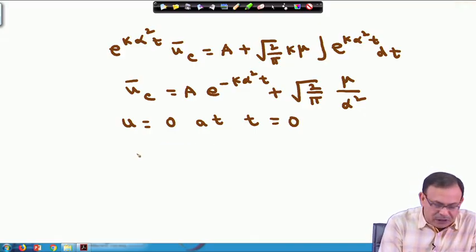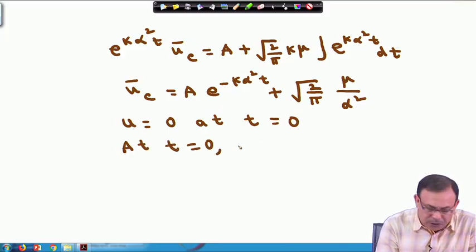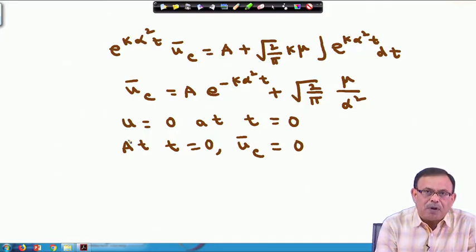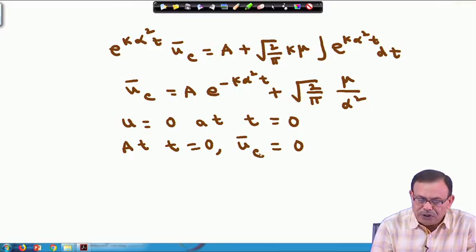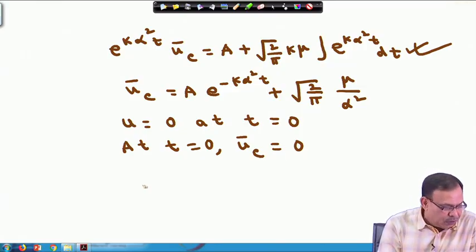So, at t equals 0, u bar c, that is the Fourier cosine transform of u, also will be 0. Since at t equals 0, u is 0, the Fourier cosine transform of u will be 0, and you substitute it in this given equation, that at t equals 0, u bar c equals 0.